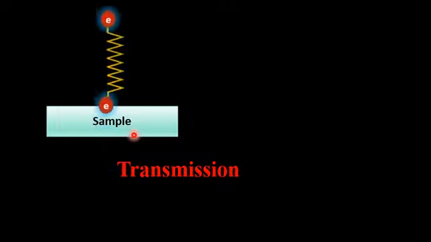So in simple words, the interaction of the electron beam with a matter surface or with a specimen may cause a transmission of the incident beam of electrons through the sample with a different energy.